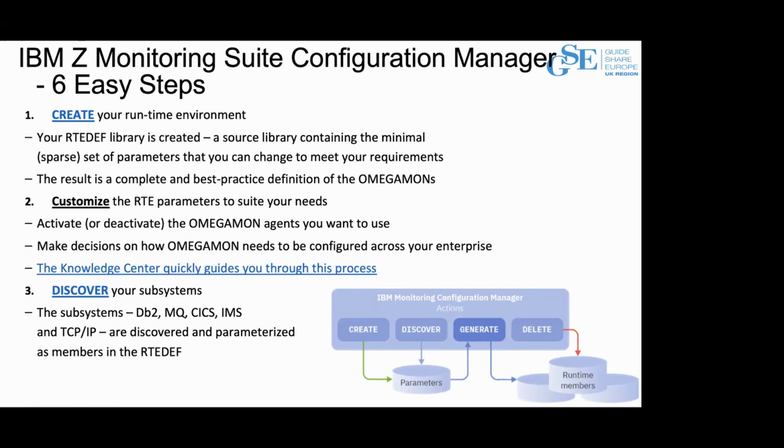If you've got the IBM Z monitoring suite and you've used PalmGen, because PalmGen is still available there, you would still have to rerun the config manager from scratch. You cannot import the PalmGen configurations yet. So the answer is no. You would have to redo everything.